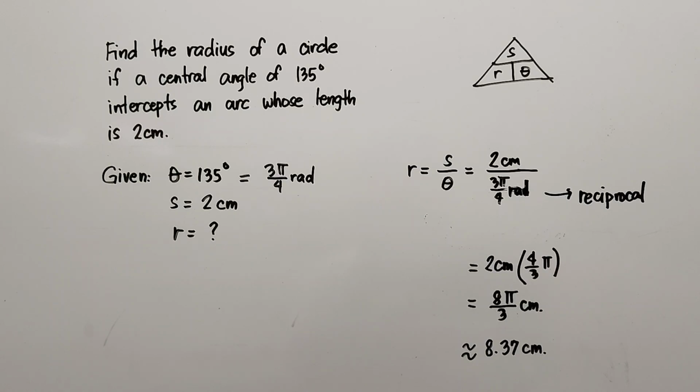So we have 2 cm times 4 over 3 pi. Multiplying, that is 8 pi over 3 cm. And if we will use pi equals 3.14, the equivalent of 8 pi over 3 cm is 8.37 cm. Therefore, the radius of this problem is approximately 8.37 cm.